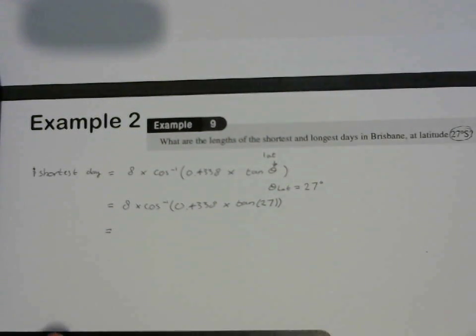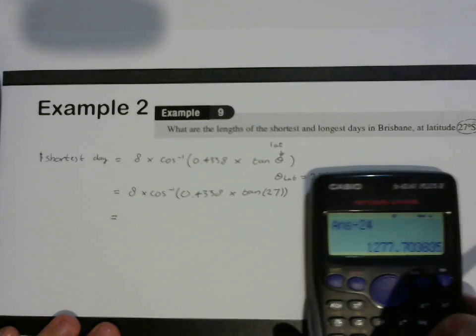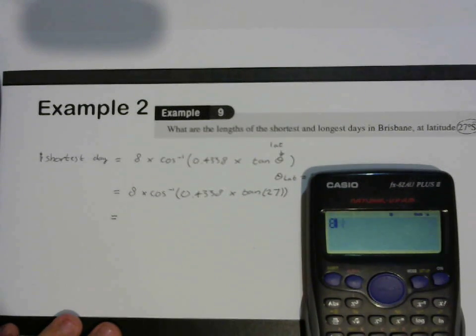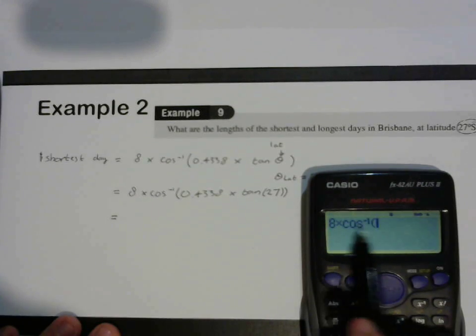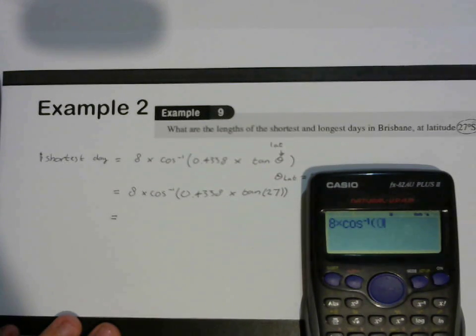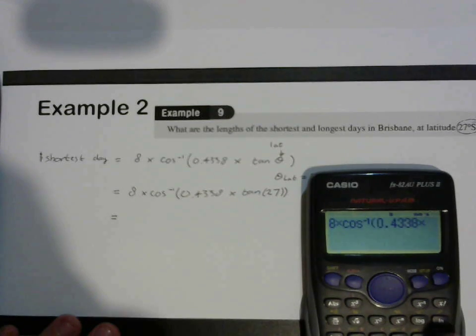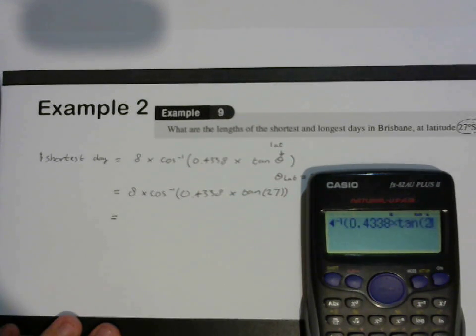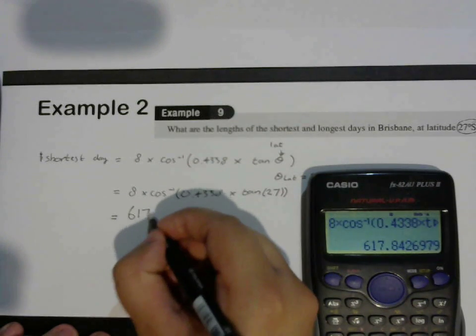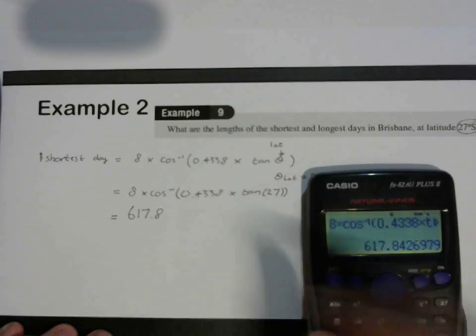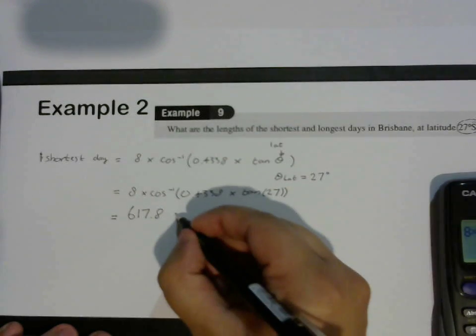And that's what I'll put on my calculator. 8 times, and I'm going to click Shift cos to get that cos^-1, 0.4338 times tan of 27, close bracket, enter, and I have 617.8, and that's minutes.